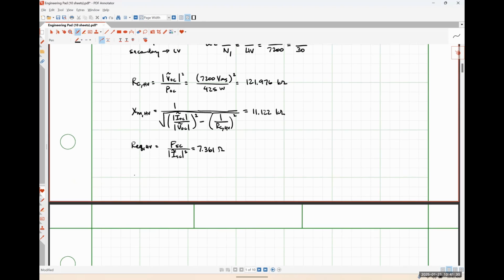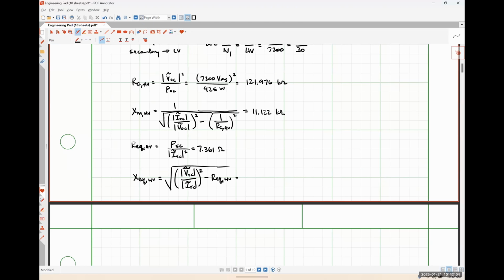And our XEQ on the high voltage side is going to be the square root of the magnitude of our short circuit voltage over short circuit current, squared, minus REQ HV squared.